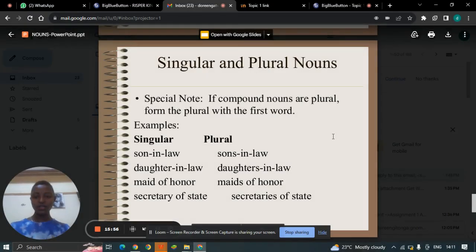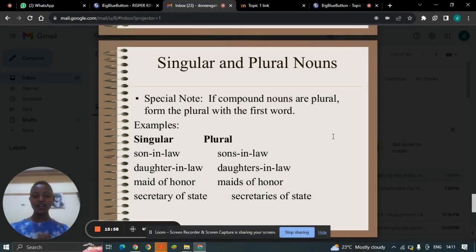Maybe you have compound nouns. If compound nouns are plural, form the plural with the first word. For example, son-in-law, we say sons-in-law. If it is daughter-in-law, we say daughters-in-law.